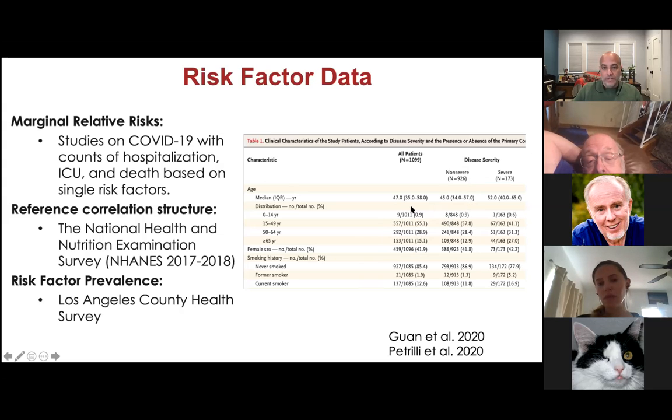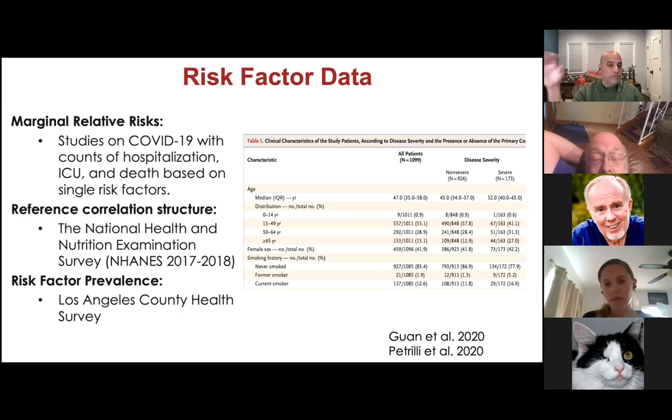They also have data that's not presented in their paper but available that we could get and look at marginal by age, by smoking, by sex, in terms of the number that were infected and how many were hospitalized and how many in ICU and how many died. And so we could use that data to construct marginal relative risks from their data as a reference data set to get the correlation structure, because we need that in the method that we use for JAM.